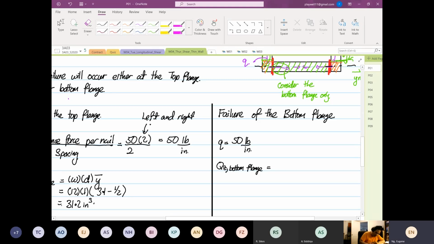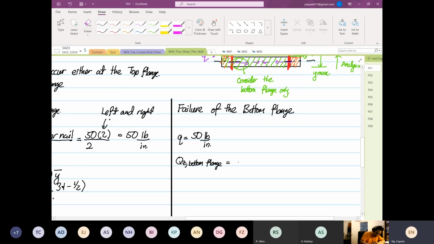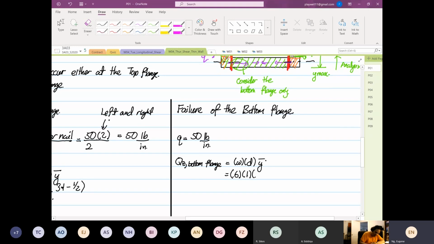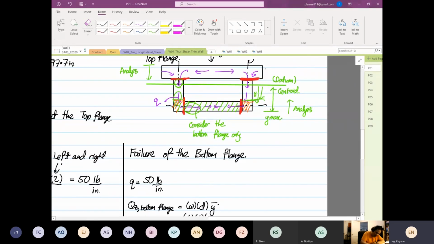This is equal to width multiplied by depth multiplied by y bar. The width for the bottom is 6 inch, the depth is 1, and the distance from here to here is 3.1. I hope I get this right. 3.1.